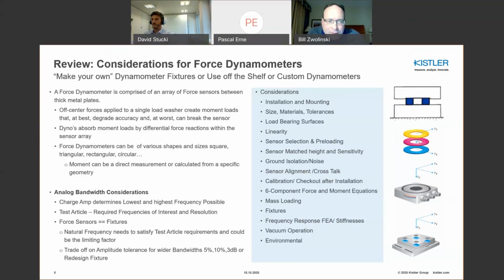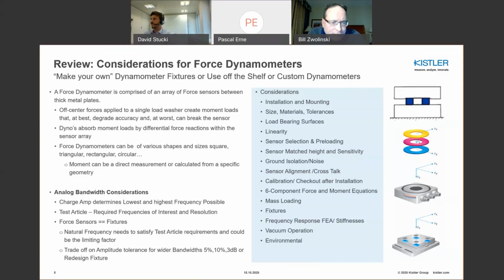Obviously, the dynamometer arrangement, the geometry can be various shapes and sizes: square, triangular, rectangular, circular, which you'll see a few of those throughout the presentation. Some of the things just to keep in mind is that the analog bandwidth considerations basically are determined by the charge amp, from a minimum and maximum level, what's possible.